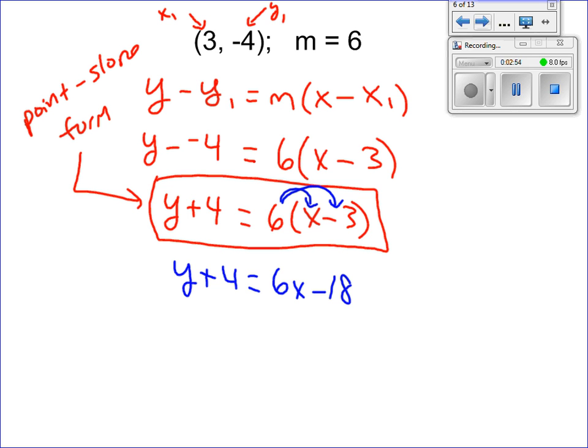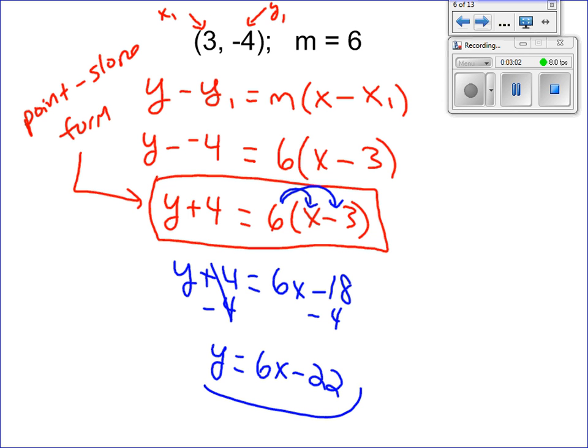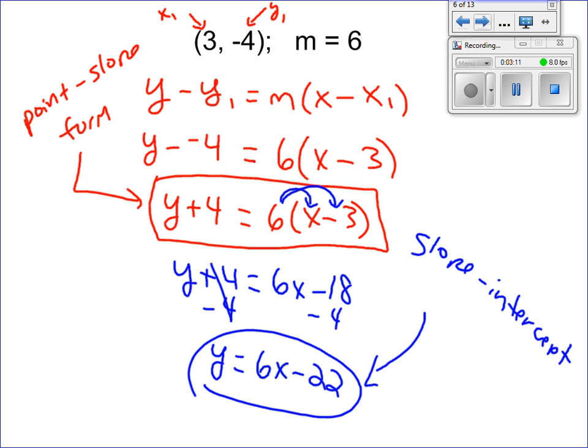And to get the y by itself, we need to do minus 4, y equals 6x minus 22. And now that is in slope-intercept form.